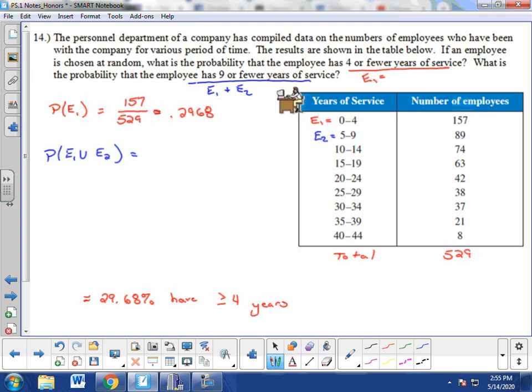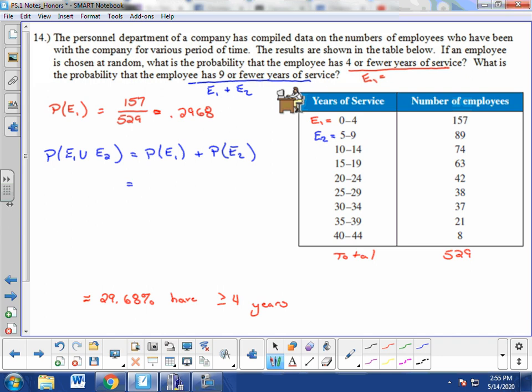So this is just the probability of event 1 plus the probability of event 2. If you tried to subtract the and part, you would have 0 numbers in the event because there are 0 numbers that are both in 1 and 2. And so you don't need to subtract anything. If you did, you'd just be subtracting 0.